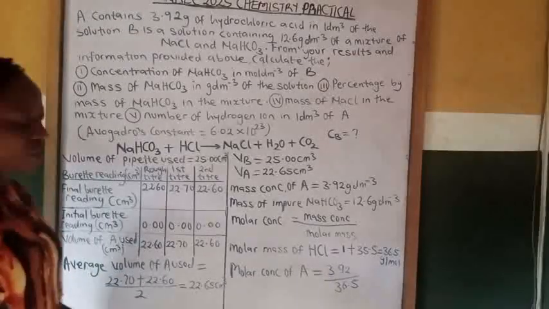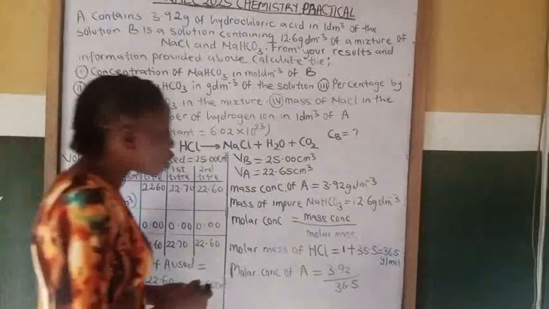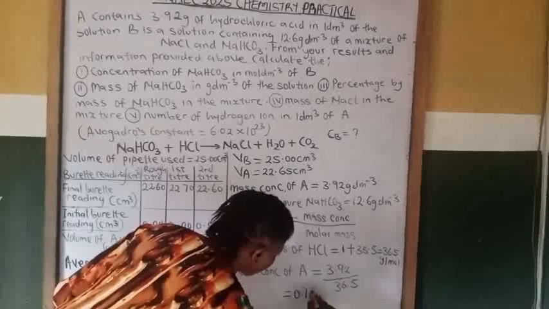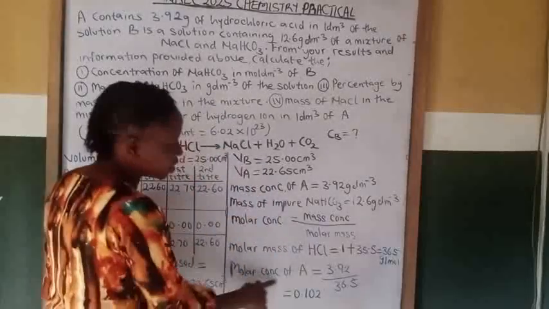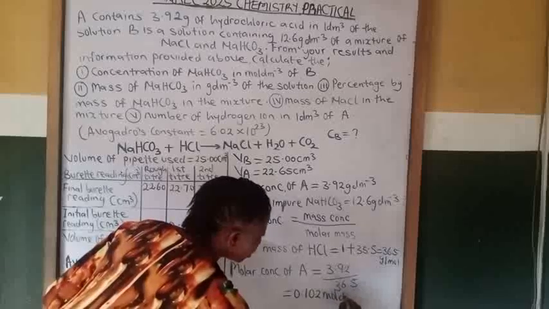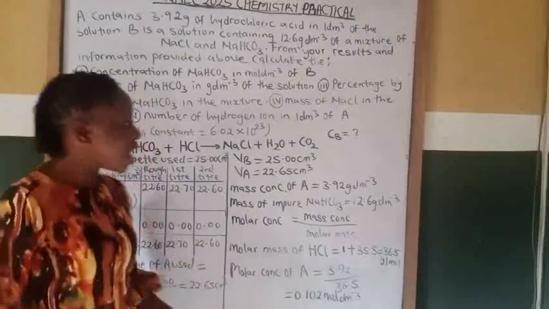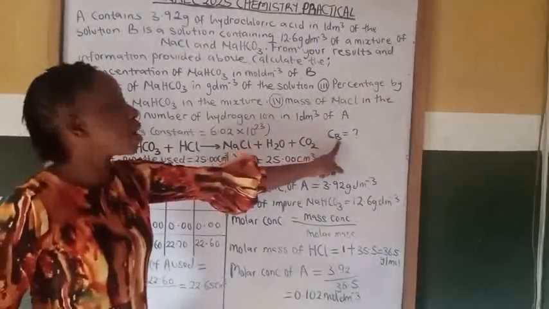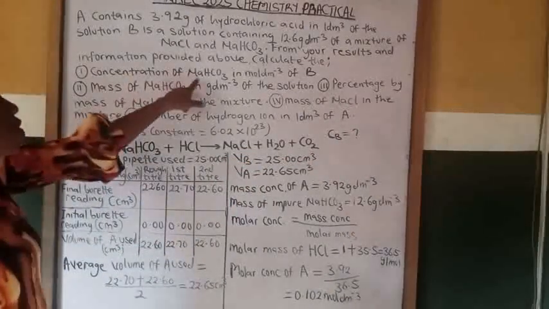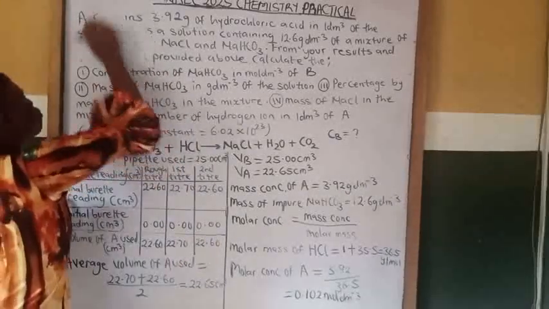So 3.92 divided by 36.5 will give me 0.102. Molar concentration must be in mole per dm cube. So I've gotten the molar concentration of acid. Then I'm looking for the molar concentration of base. The first question says calculate the molar concentration of B, which is my base. So let's come back to the base now.